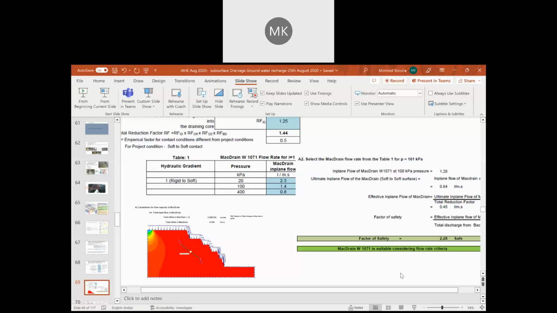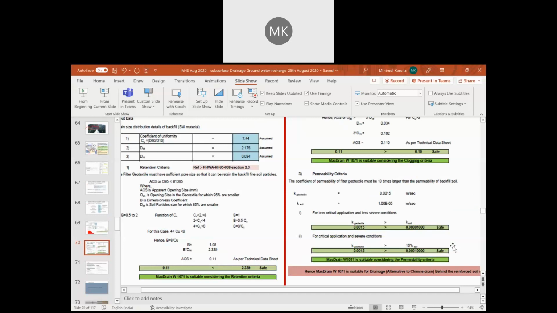So these need to be checked. And whether the shape should be cuspated or a net and all, that doesn't have that much importance. So this is one type of drainage composite to show you how the geonet can be of different shapes, and the geotextile is folded back to show you the geonet.